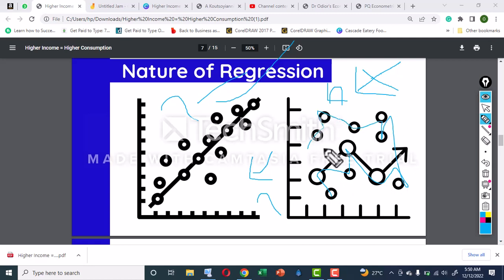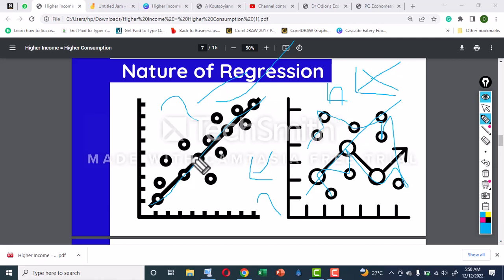So we are now trying to look at a particular straight line that will, as much as possible, represent all these dots. We are very sure that it is not possible for the straight line to touch all the dots. We are looking for the particular straight line that best represents all of them. So that's exactly what we did here, this straight line.